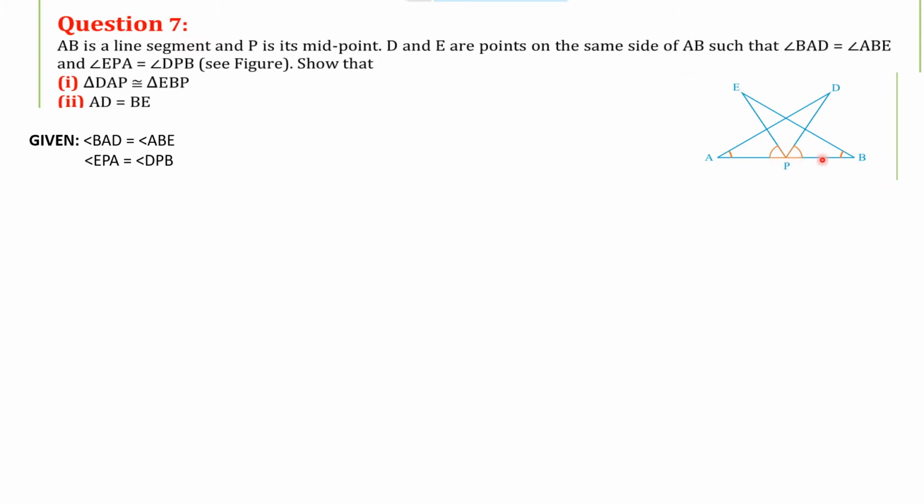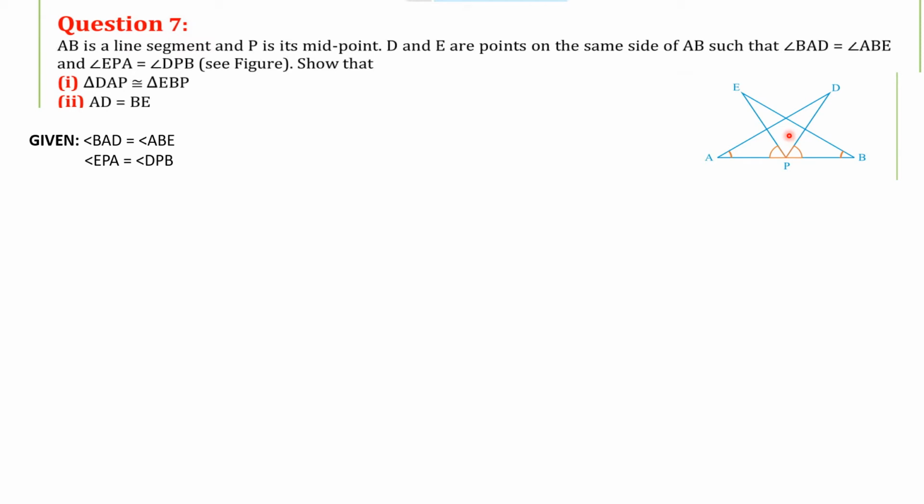In these two triangles, we observe this angle P is not full over here. This portion is missing. So I am going to add angle EPD to both these angles. After adding, I will be getting this complete angle, angle APD in this triangle and angle EPB in this triangle, as equal. Again, if equals are added to equals, the wholes are equal.